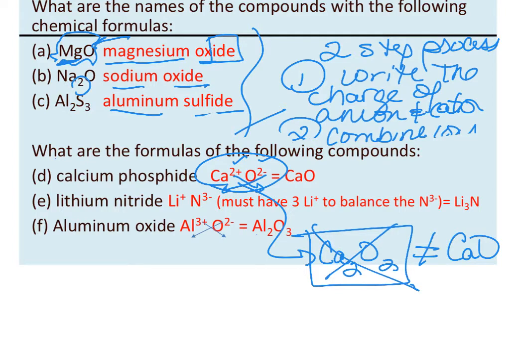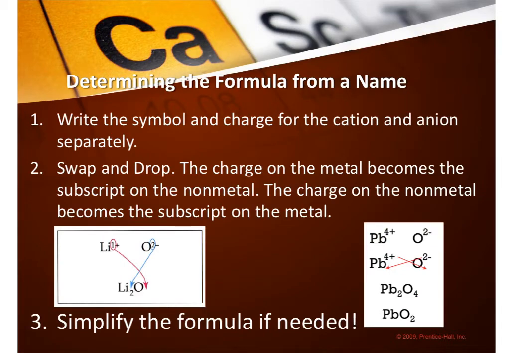So what you have to remember is if you're going to swap and drop, look at the subscripts, and if they can be mathematically simplified, in other words, both of these can be divided by 2 to be simplified, you must do so.